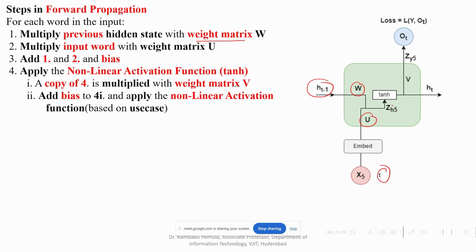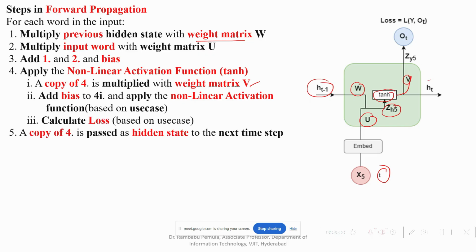So after performing this, ZHT is given as input to tanh, and with the help of tanh we get the nonlinear function. That output is multiplied by the matrix V, and then we apply the nonlinear function, and we get the output. Then find out the loss function. At the same time, whatever the output is, that is carried forward to the next layer as input. So this is the way you perform different operations on the RNN.